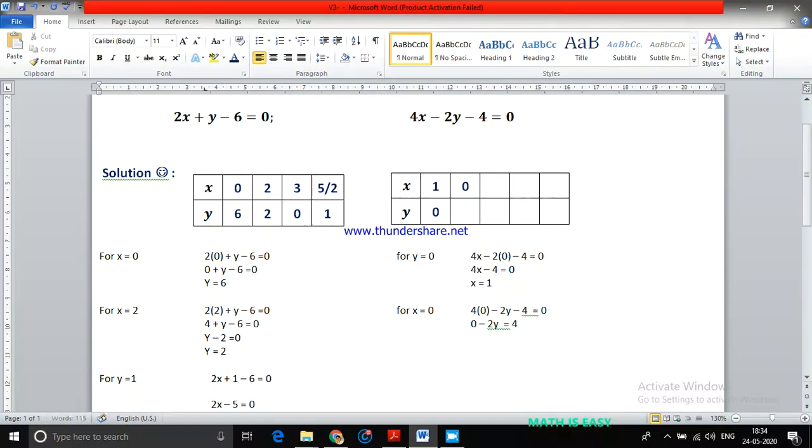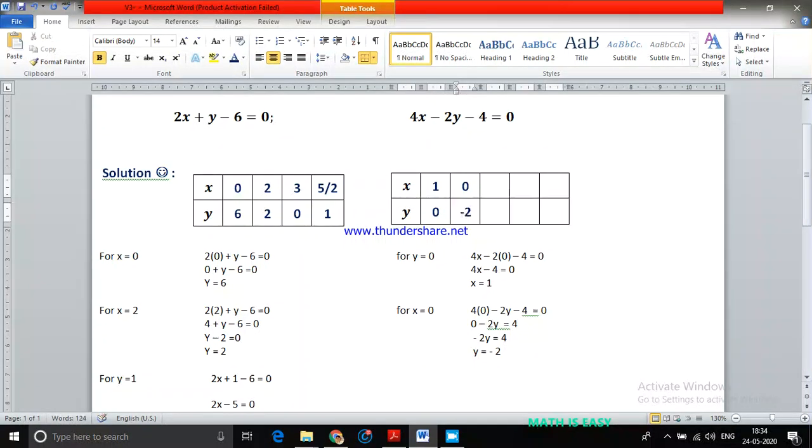See what you get here: 0 minus 2y is minus 2y only, because if you subtract or add anything to 0, it will give the same number. Finally, if I solve this one, I'll end with y equals 4 upon minus 2. 4 upon minus 2 is minus 2. So if x equals 0, the y value I am getting is minus 2.